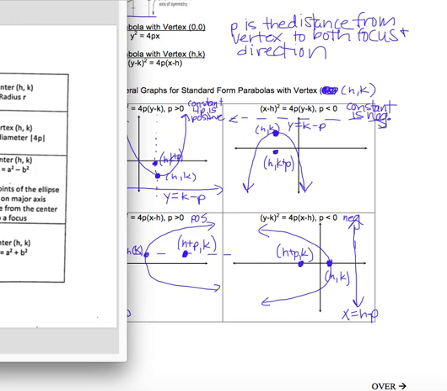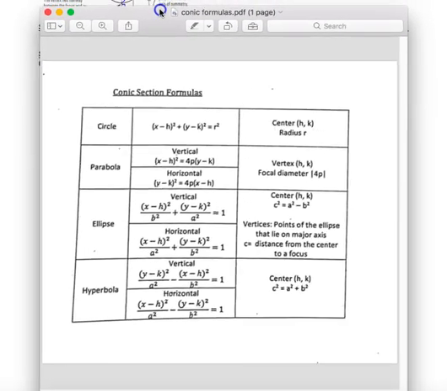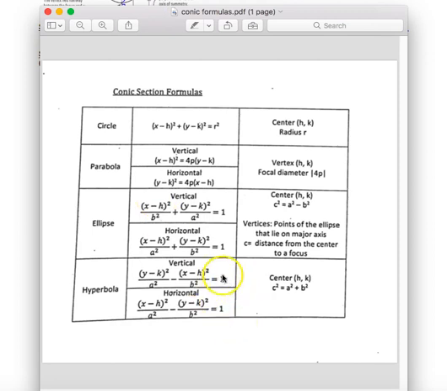As I've done on all these conics, here is the formula sheet so you can see what's going to be directly there for you. It tells you whether it's vertical, meaning opens up or down, or horizontal, meaning opens left or opens right.